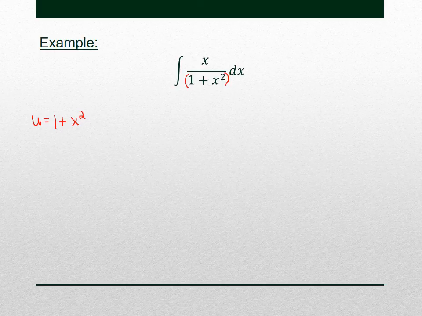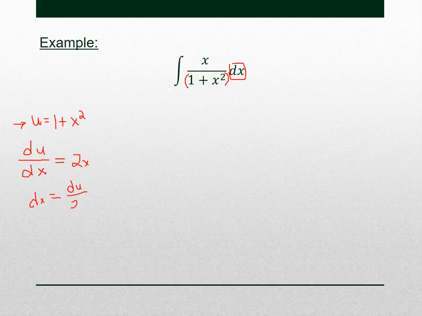All right, now we're going to do the same steps as before to try to substitute this dx. So we'll take the derivative of this with respect to x. On the left side, you get the derivative of u with respect to x, which is du dx, and on the right side, you get 2x. Now solve for dx just like before, and you get du over 2x.